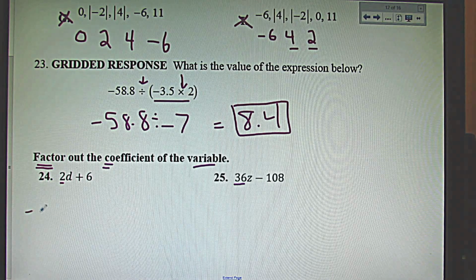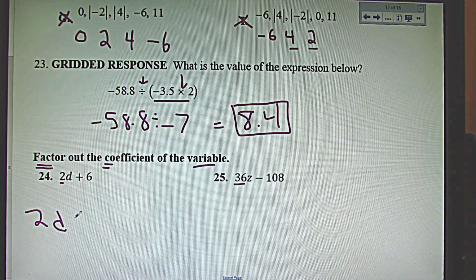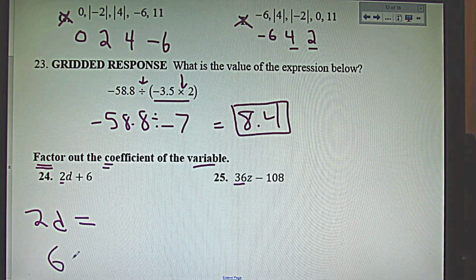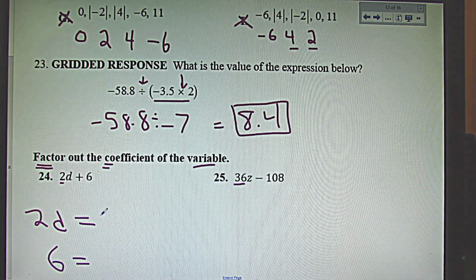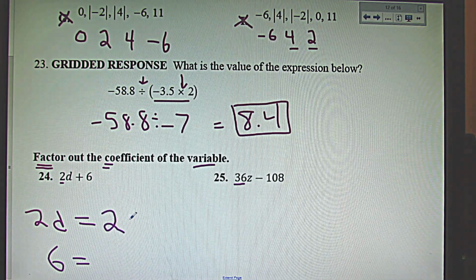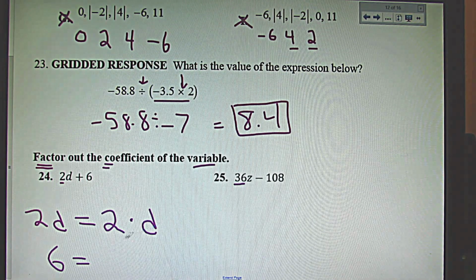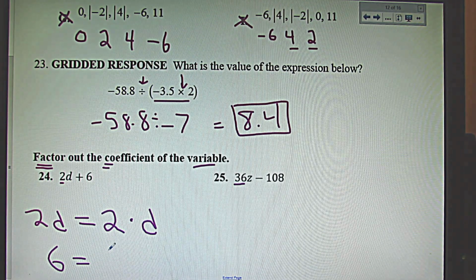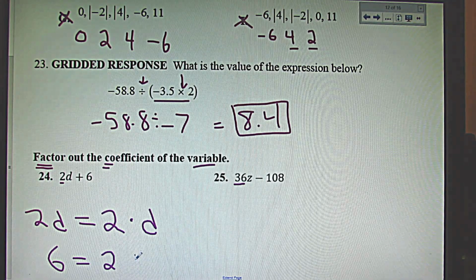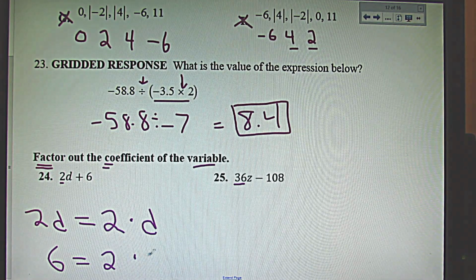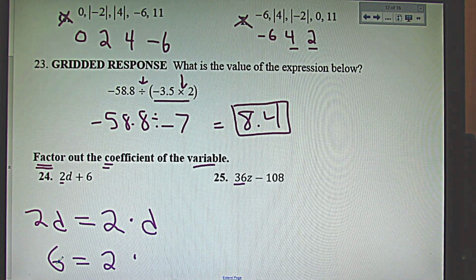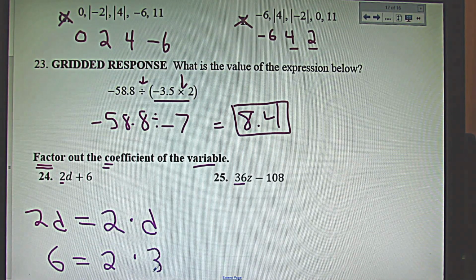So I'm going to separate 2d and 6, and I'm going to factor out the coefficient. That means I need to separate the 2. So 2d is just like 2 times d. Now 6, how can I represent that as 2 times something? 2 times what gets you 6? That's 3.